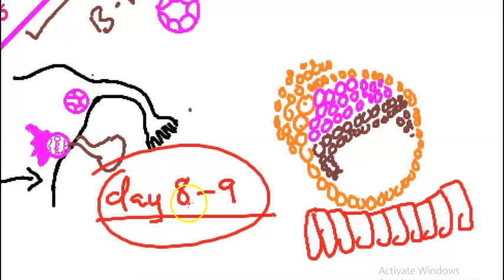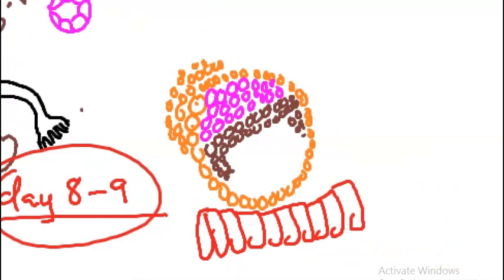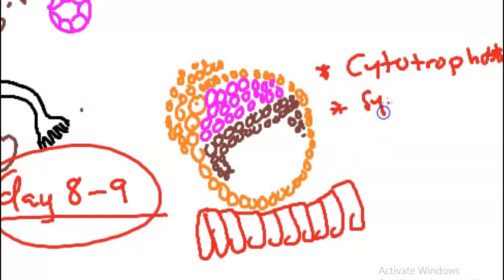And notice that the trophoblast layer will differentiate into 2 parts, which are the cytotrophoblast and the syncytiotrophoblast.